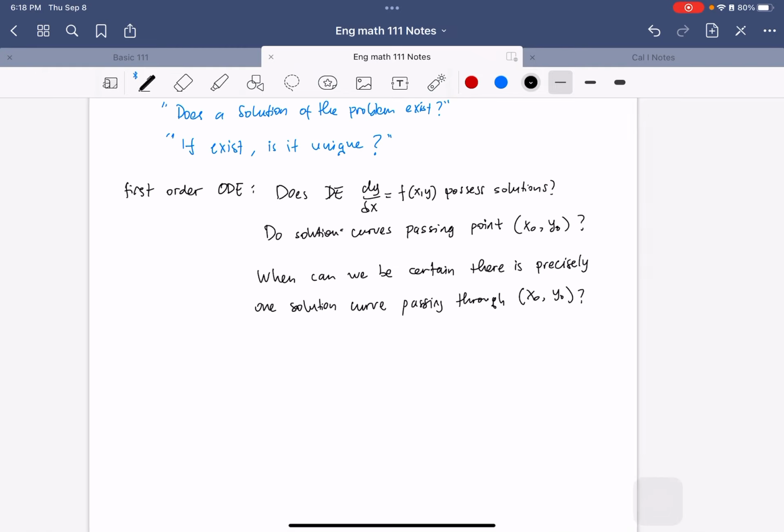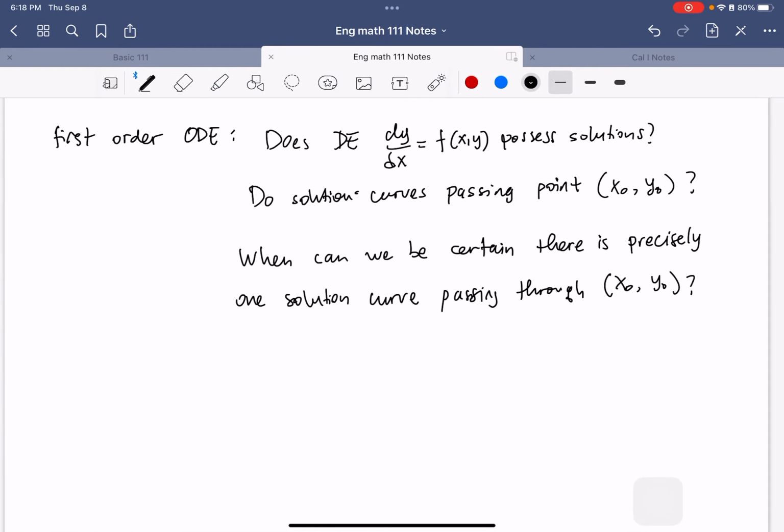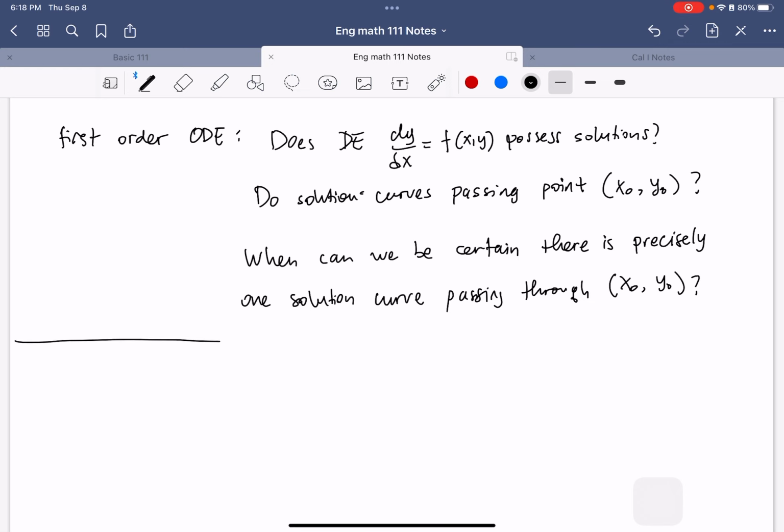Now we need to develop some assumptions to answer this question. This question is asking, first, of course, the possibility of the solutions.